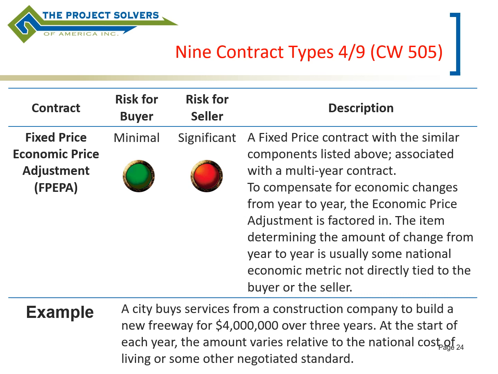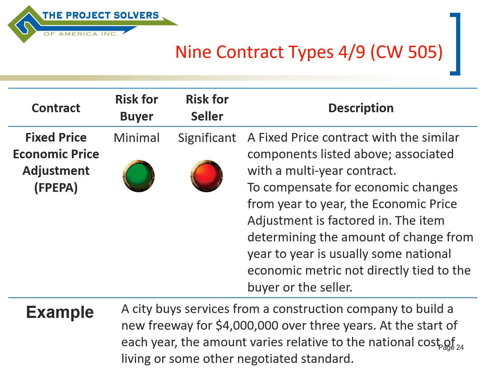Okay, so fixed price economic price adjustment is for a long-term project, a long-term contract, typically multiple years. And in such a situation, it's fixed price, but you agree to increase the contract value by a certain amount each year so as to keep up with the cost of living or some other type of negotiated standard.